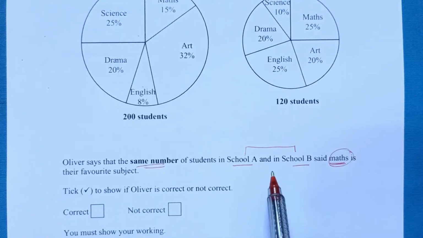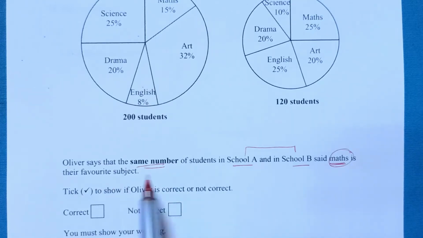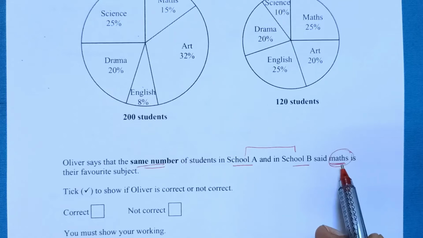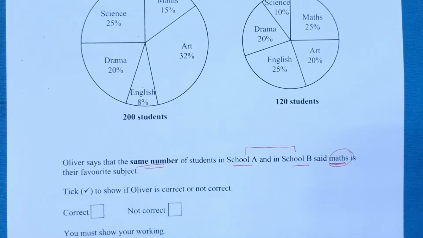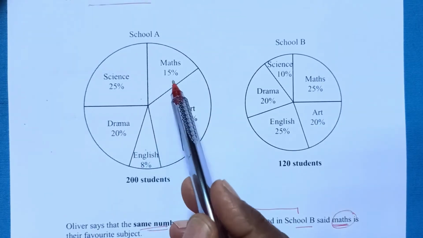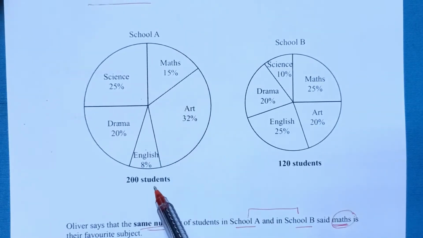Let's see. The question is now, for school A and B, is the number of students for maths favorite subject the same or not. So let's see. In school A, maths is 15% of 200.